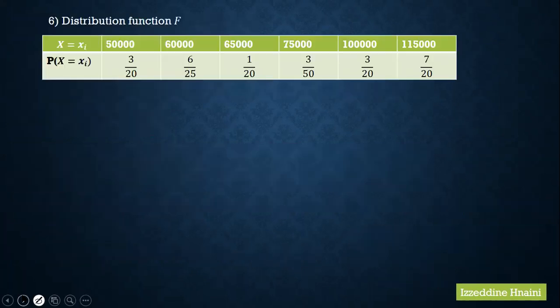Now we want to define the distribution function. The distribution function, denoted by capital F, is a function whose domain is R, but its range is [0,1]. That is, the answer of this function must vary between 0 and 1.